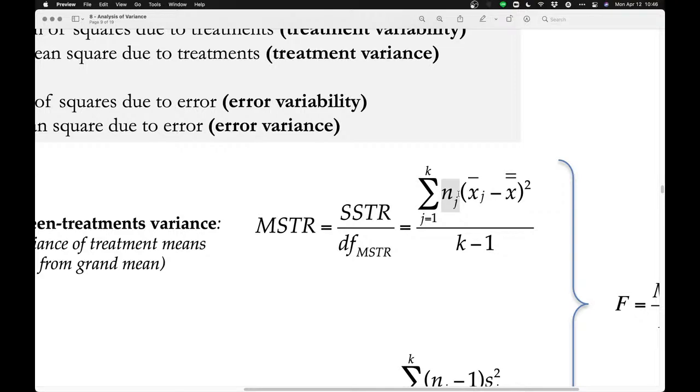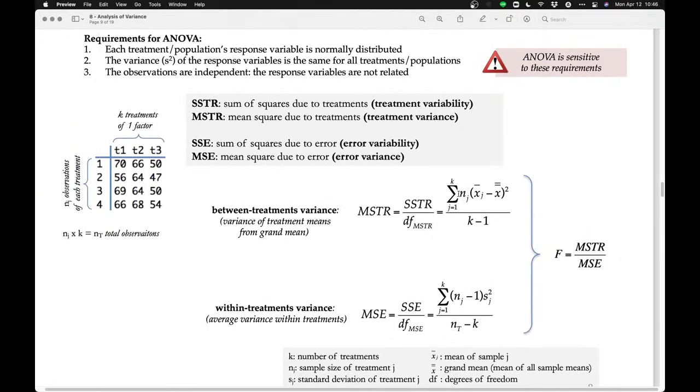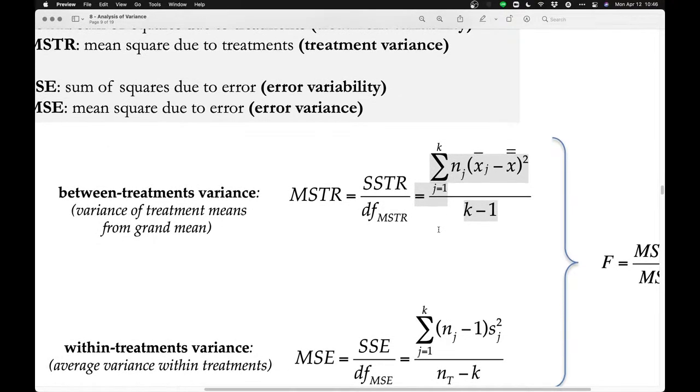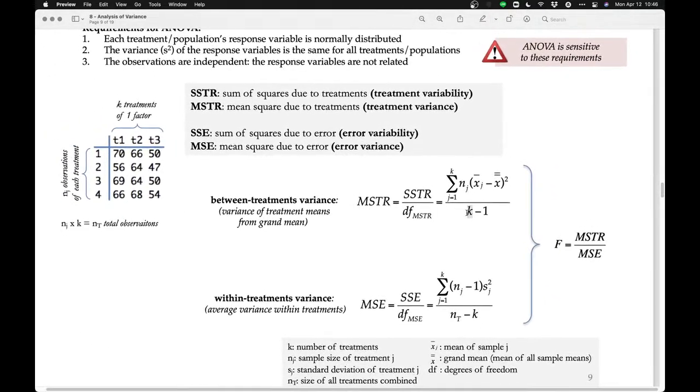It weights them differently. So that gives us the variability of the treatments, and this gives us the variance due to treatments. Notice here the K is the number of treatments that we have.